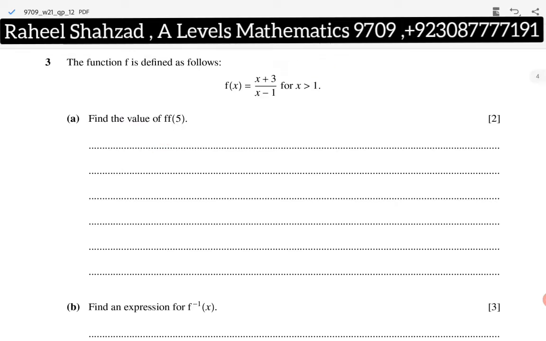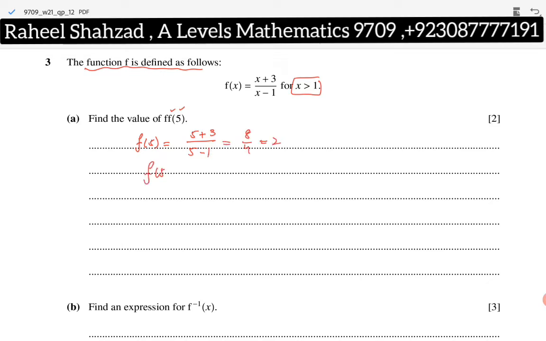Now in question number 3, we have a function. The function is defined as follows: x is greater than 1, and f of x is this. Find the value of f of f of 5. That means we need to find the value of f of 5 and then put it back into the function. f of 5 would mean 5 plus 3 divided by 5 minus 1, that is 8 by 4, which is equal to 2.